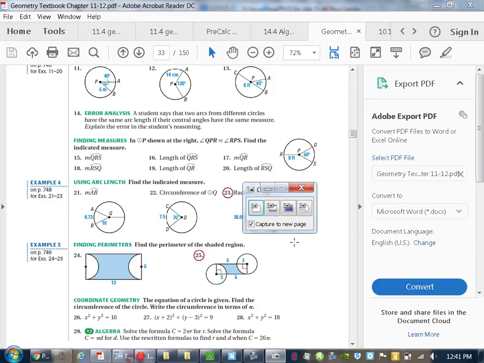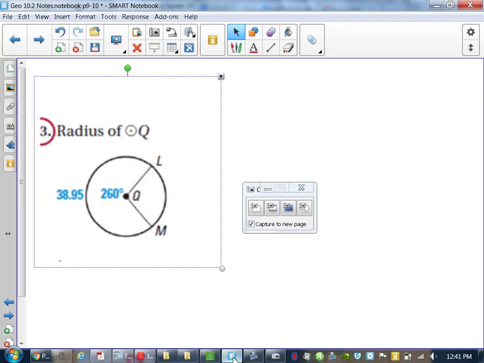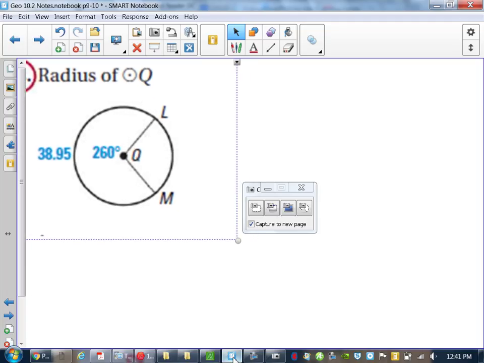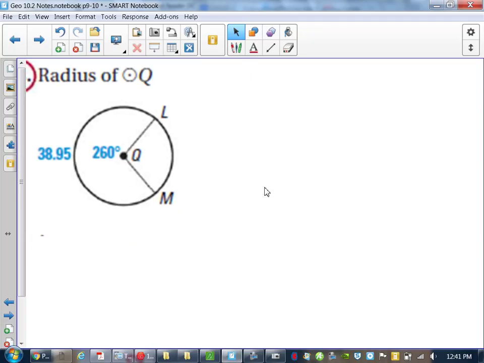R stands for radius, not arrivederci. Not what? Arrivederci. Goodbye. Italian, I believe. Arrivederci. It's a long way. You just say, oh, you have to say.